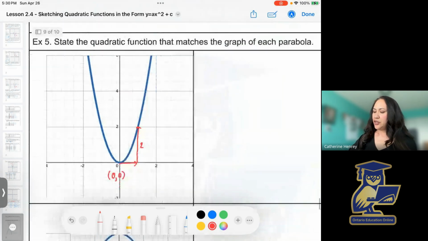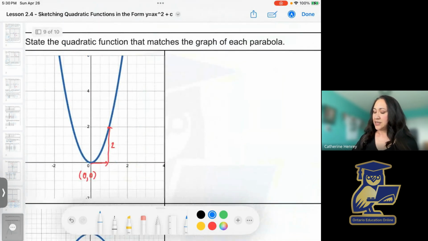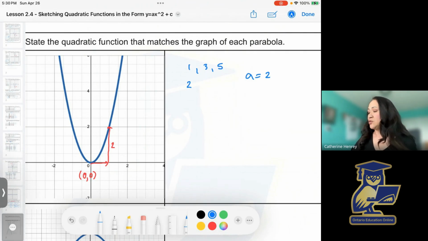Remember the step pattern of the parent function is 1, 3, 5. But in this case, our first step is 2. So that can help us determine that the A in this case is actually 2. We can take the first step, which is 2, and divide it by the first step of the parent function, which is 1, and that's where we get A equals 2.